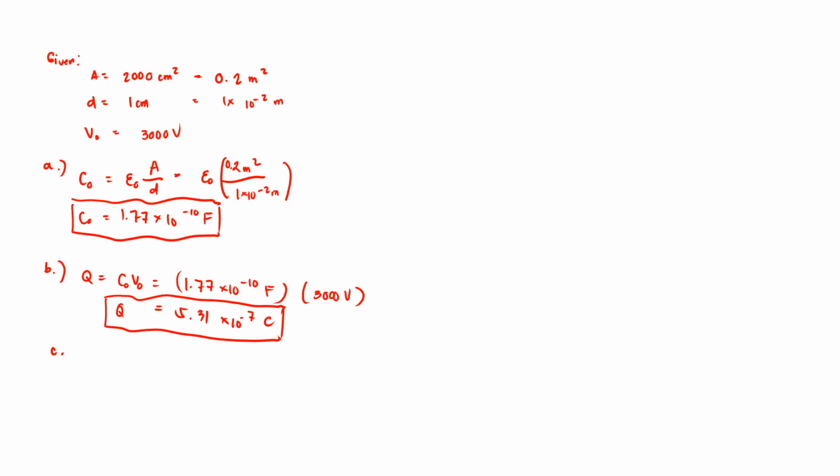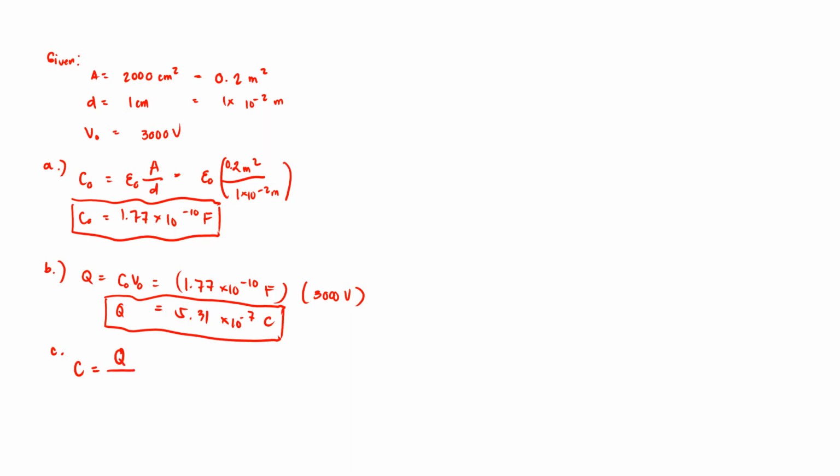So we can get the capacitance of the capacitor after the dielectric is inserted, noting that it is disconnected from the power supply before the insulating sheet, or the dielectric, is inserted. This means that Q is constant during the process.